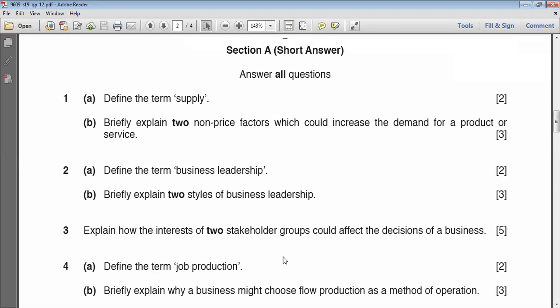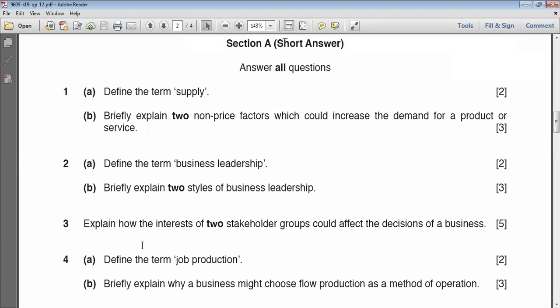Without the application example, you will get a reduction of 1 mark. So you do not get the full marks. Always with the examples. Not just the theory, but a little bit more detail that you can give to that concept. That is for section A for short answers.